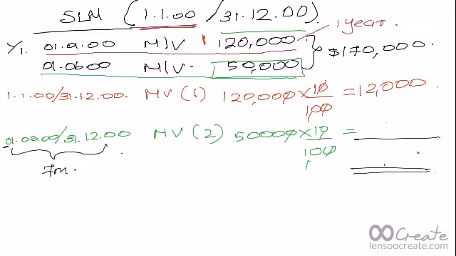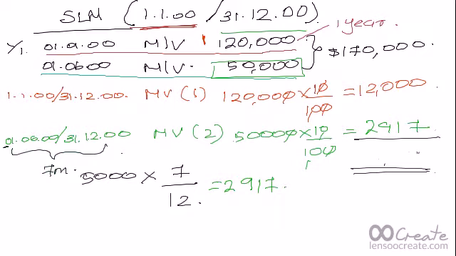So let's see how to calculate that. Because it is existing only for 7 months with the business, so 7/12. Now let's calculate 5,000 into 7/12. The approximate answer is 2,917, because we do not write decimals. So here 2,917.